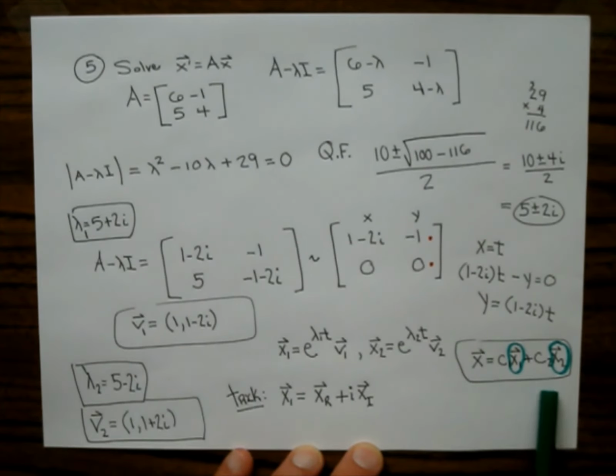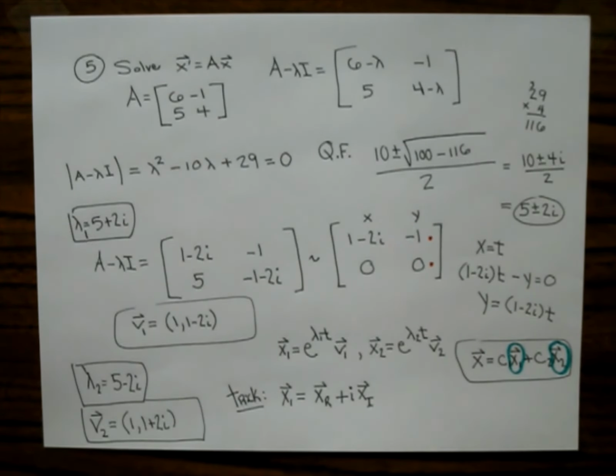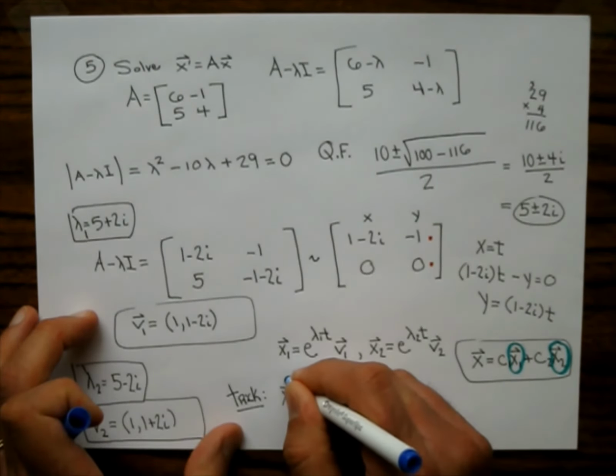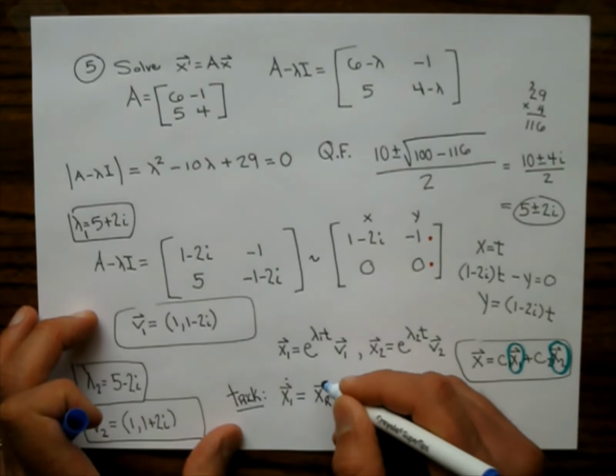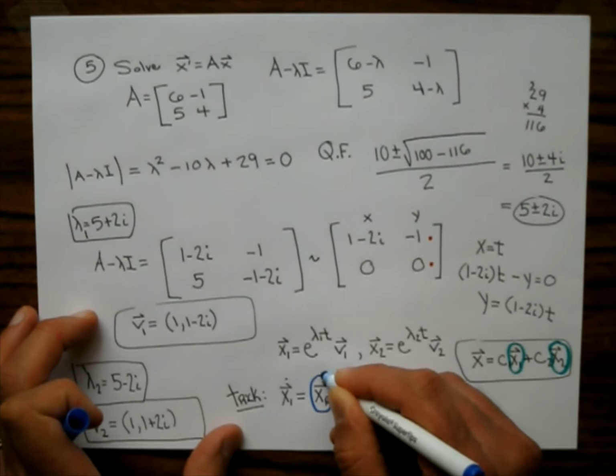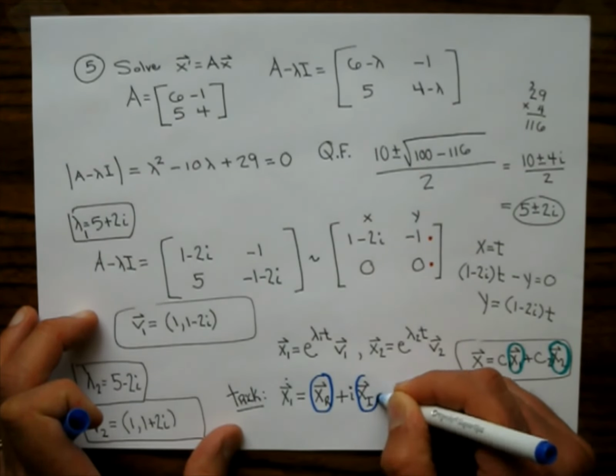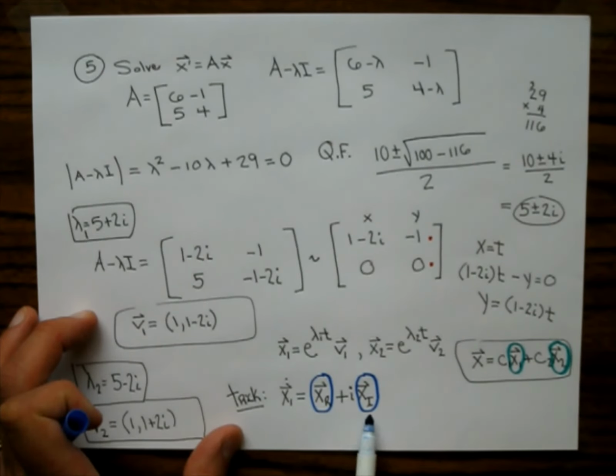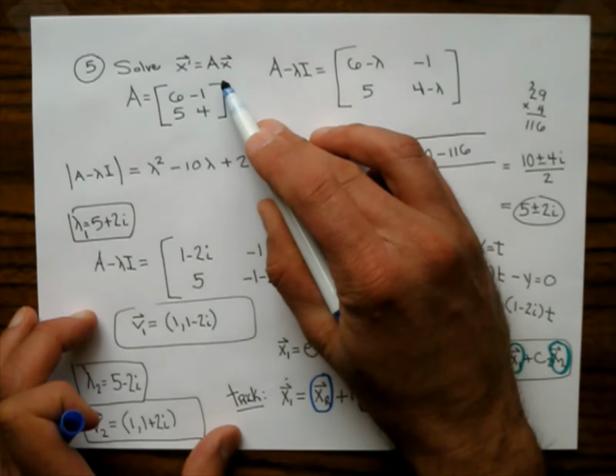Therefore, we have a good general solution. But here is the cool part. xr bar, I'll circle it in blue, and xi bar, we're not going to prove this, but those guys are independent vectors, and not only that, they each satisfy the vector differential equation.